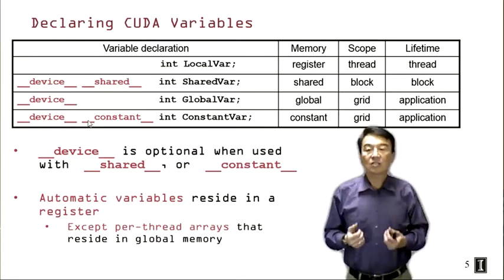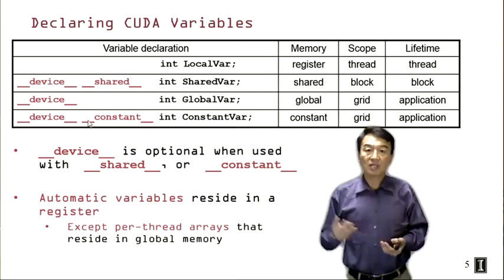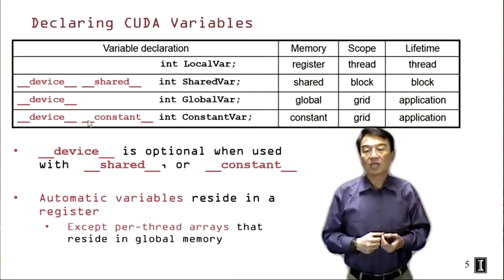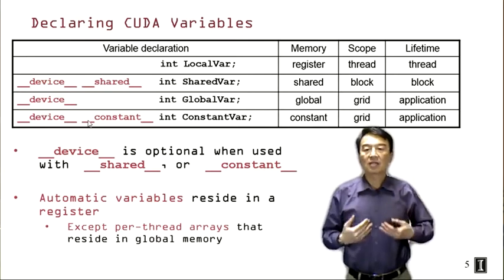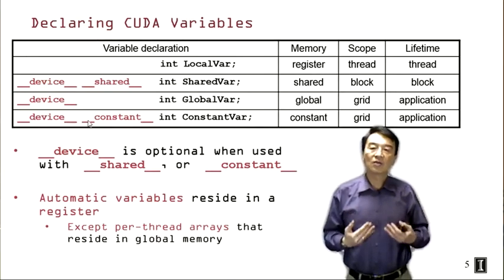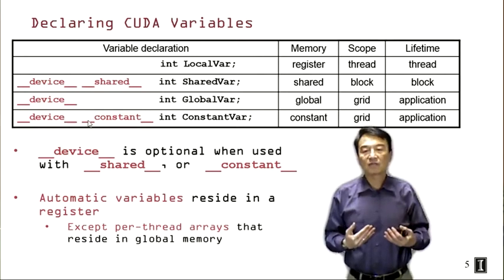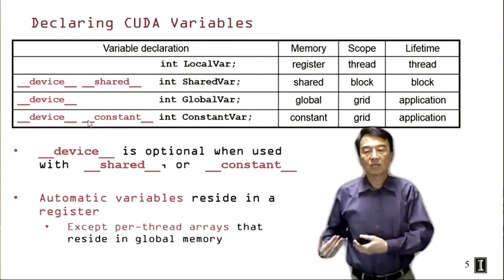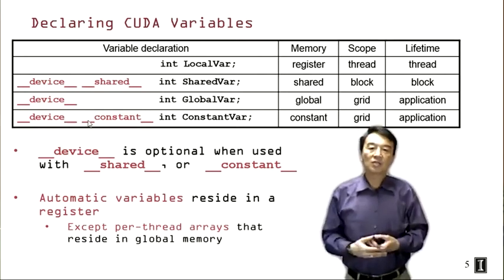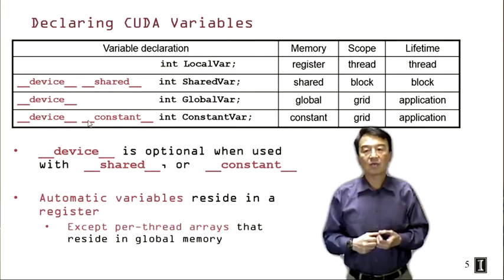The reason is, so far, all the arrays that we use in the global memory have been dynamically allocated. This is a static declaration. So we have been essentially dynamically allocating all the arrays that we're transferring into the device global memory. So that's why we have not seen this kind of declaration.